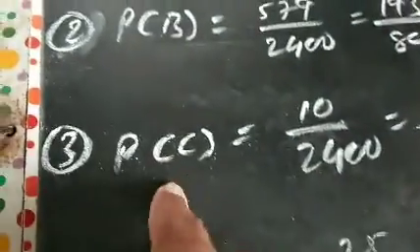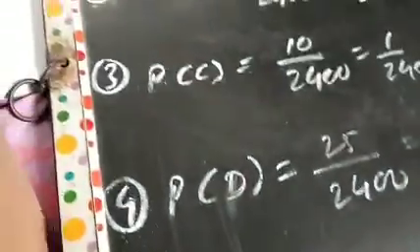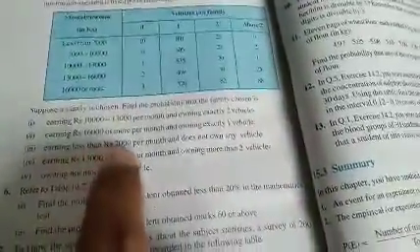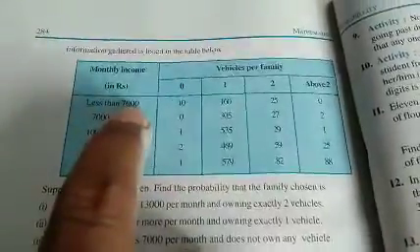Now the third one: earning less than 7,000 per month and not owning any vehicle, that is, families who have no vehicle and whose monthly earning is less than 7,000.